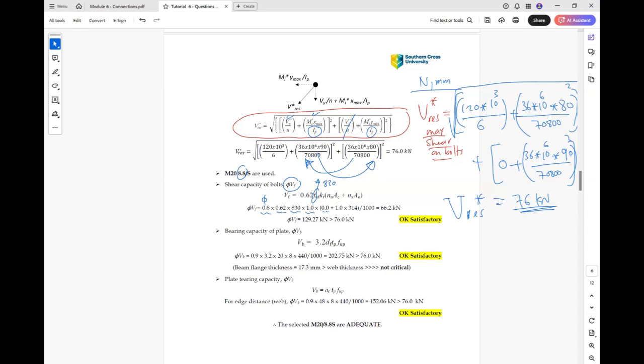Nn is 0, so we assume there are no shear planes in the threads, only one shear plane in the shank. So Ao is 314 over 1000. So this gives us the capacity of each bolt as 66.2.